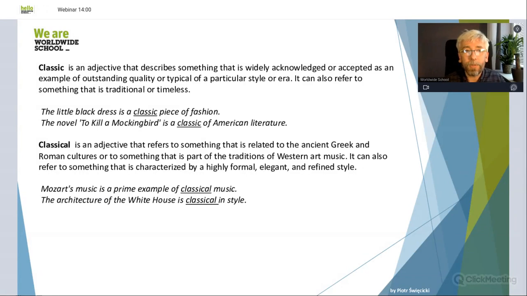It can also refer to something that is characterized by a highly formal, elegant, or refined style. So Mozart's music is a prime example of classical music. Or the architecture of the White House is classical in style, or neoclassical.